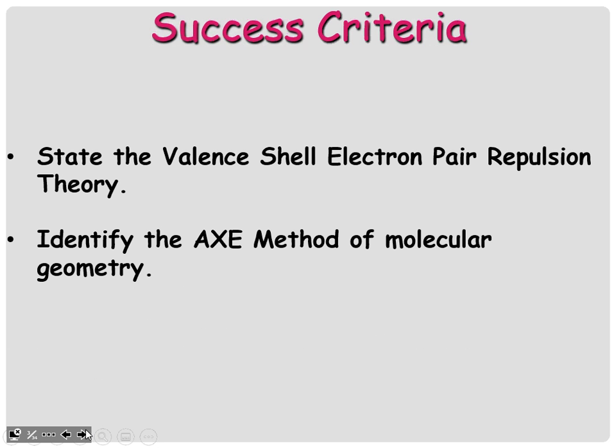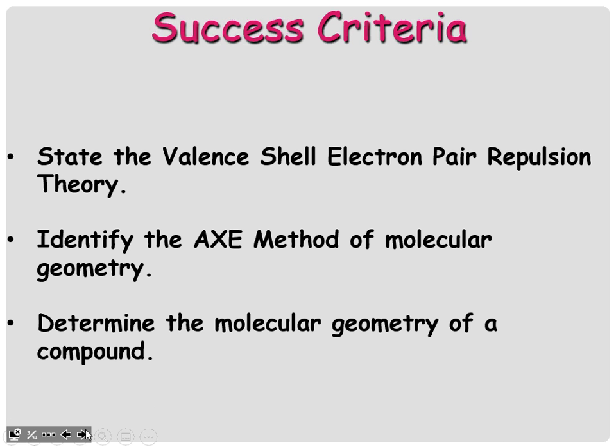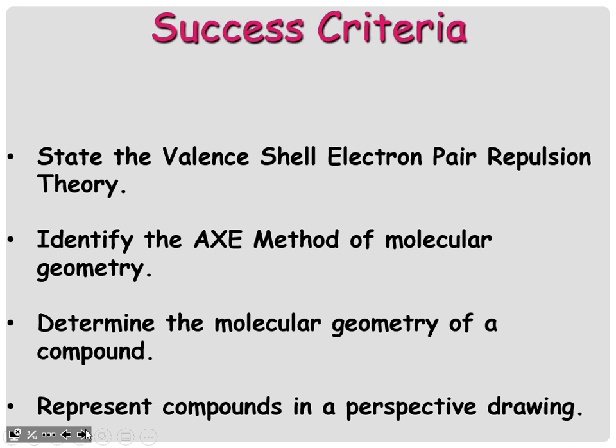We're going to identify the AX method of molecular geometry. We are going to determine the molecular geometry of a compound. And finally, we're going to represent compounds in a perspective drawing, which we're going to end up calling Fisher projections. Okay? Fisher projections.